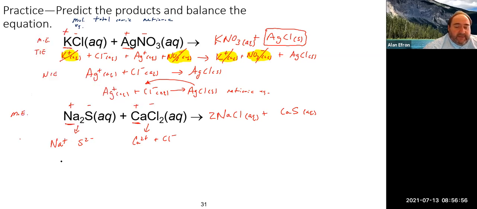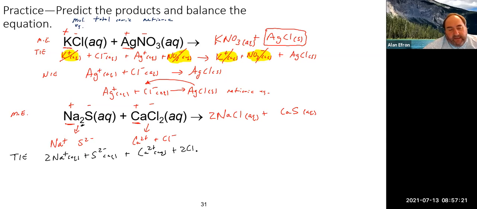So what does that mean in terms of what is going on in this reaction? Well, if we go to our total ionic equation at this point, we would end up with 2 sodium ions from here, plus a sulfide ion, plus the calcium, plus a couple of chloride ions from here.